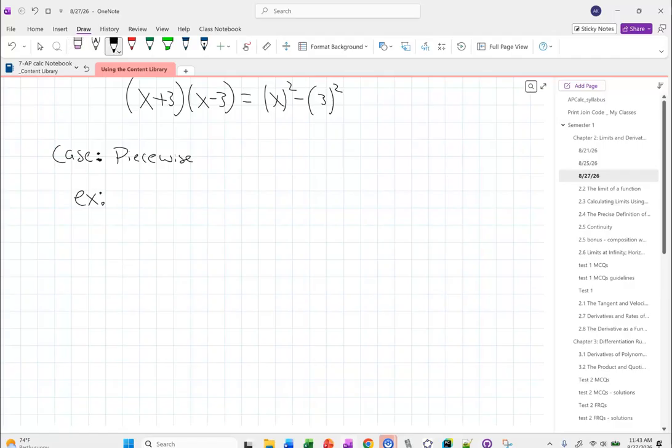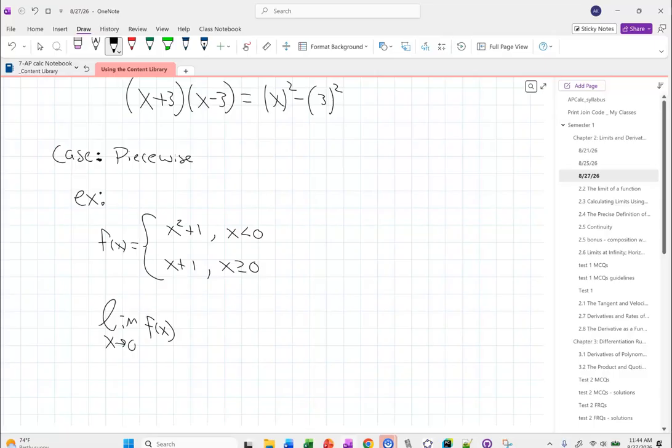Let's write it this way. Okay with the notation for the piecewise function? Clear as to what this means?